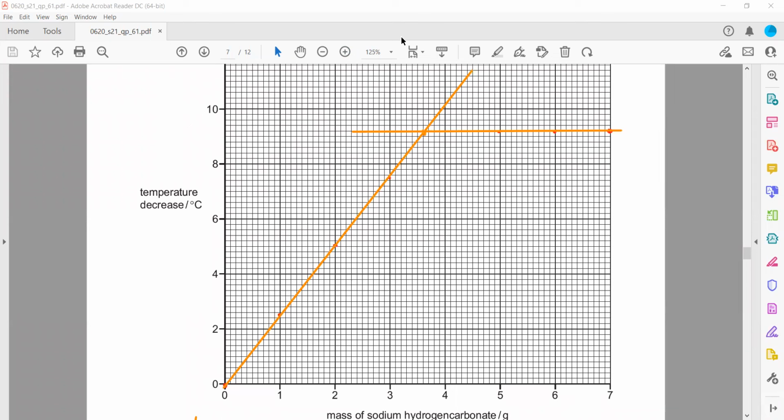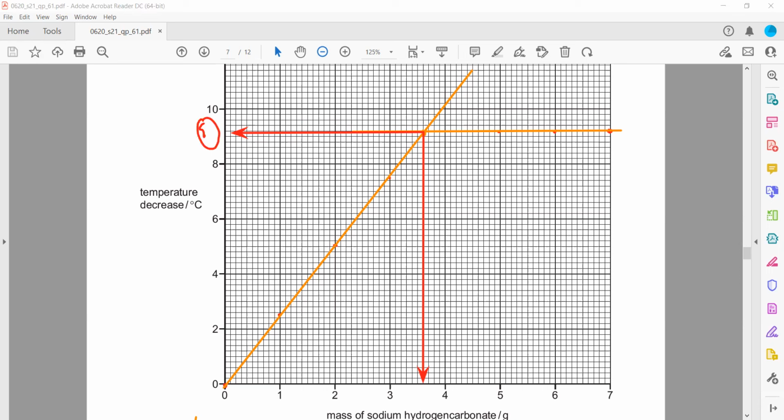The question is to calculate how much the temperature has decreased and what mass of sodium hydrogen carbonate. Because it is a horizontal line, it will definitely meet at 9. So this was about 9.